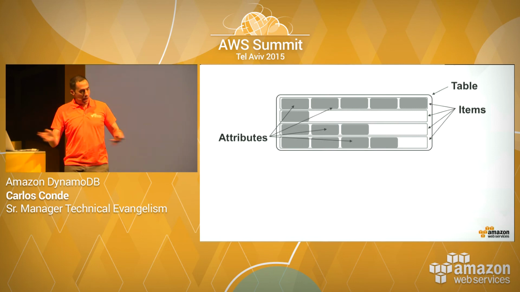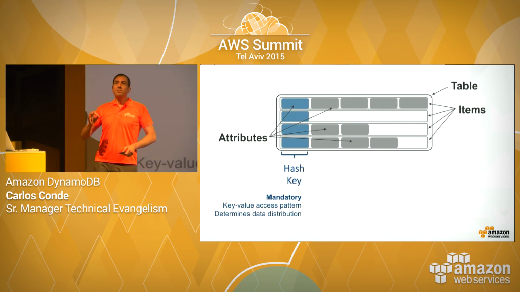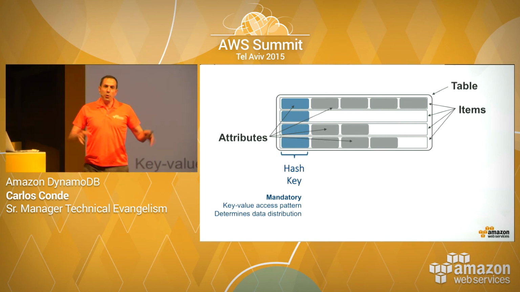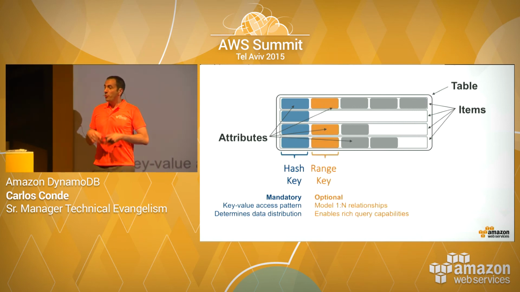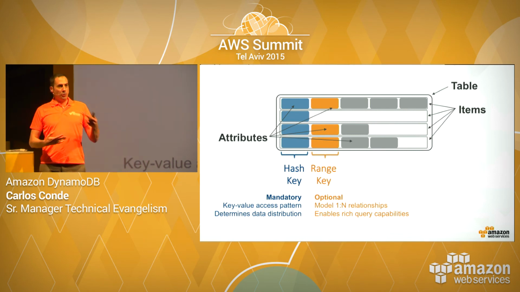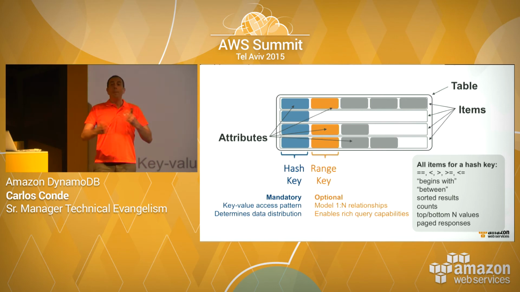No, items can have different attributes. The only thing that you have to specify when you create a table on Dynamo is the hash key. So the hash key, as the name implies, allows you to find an item, and you can augment this hash key with the range key, which is optional, but we're going to see now what you can do with it. That is going to help you do more refined searches and more complex queries inside your tables.